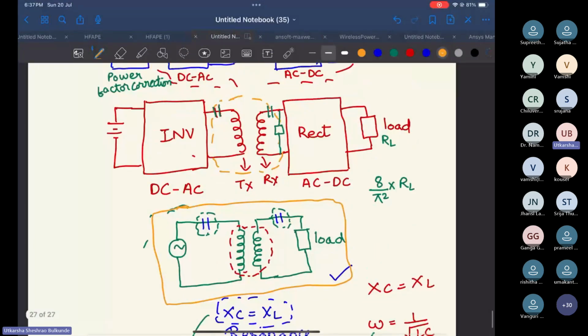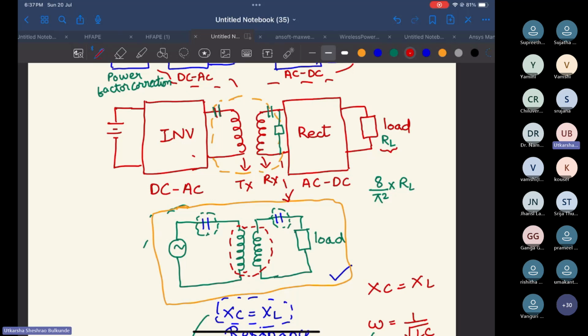So in the morning, I told you that if my output resistance is RL, for deriving this equivalent circuit, I need this resistor to be here, on the input side of the rectifier, to get this circuit.